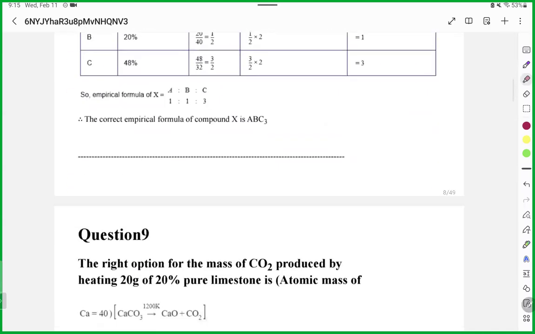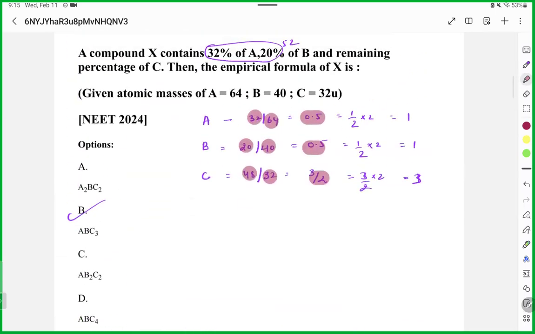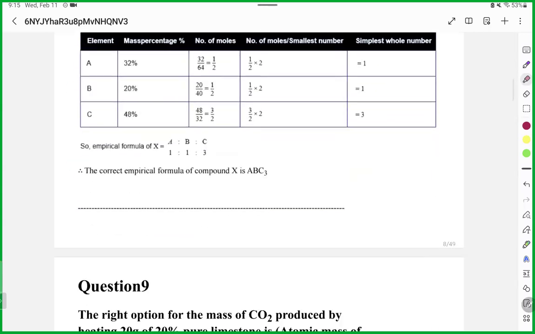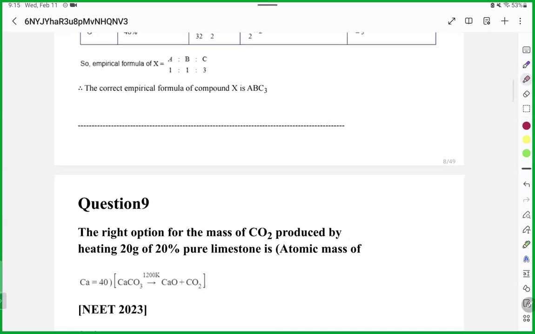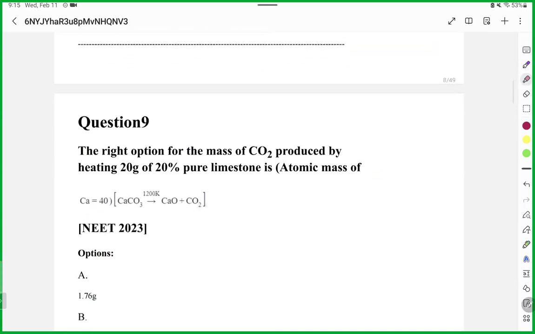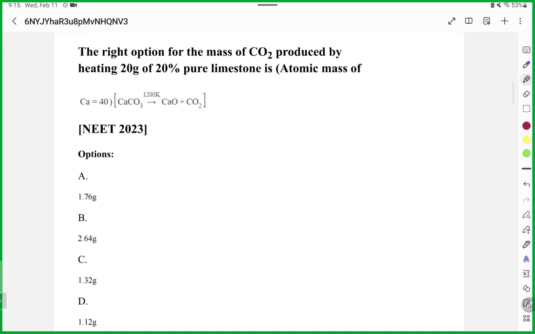Why did we multiply by 2? To get the simple whole number. Otherwise, you'll get confused in the calculation. To get the simplest number, you have to see purity in this case, Chandana.